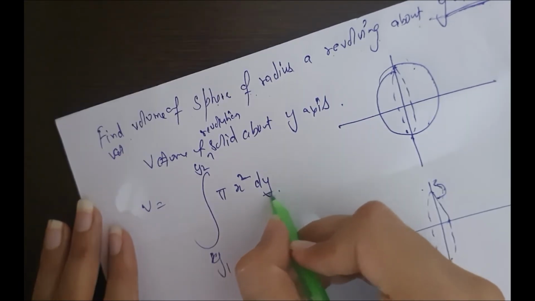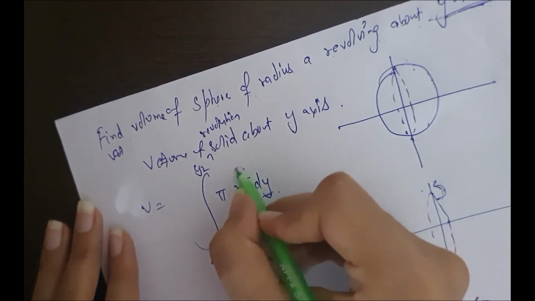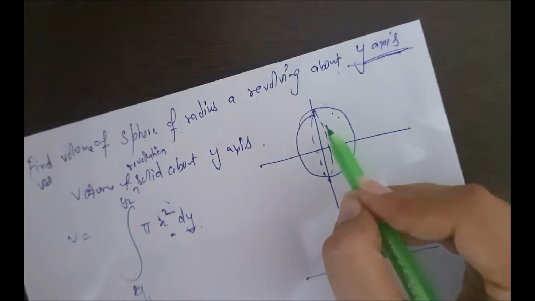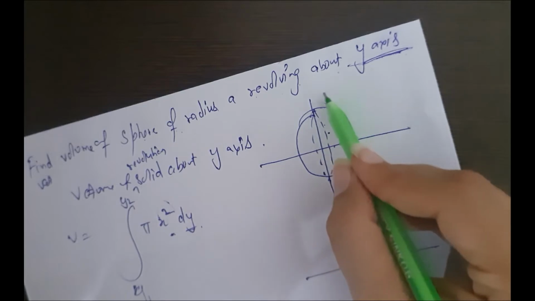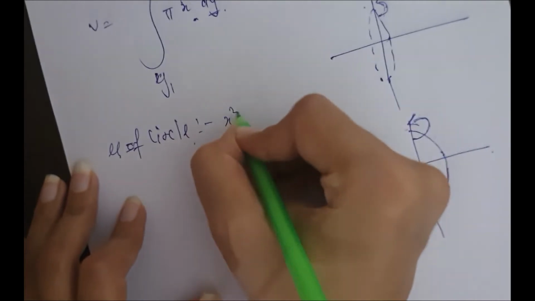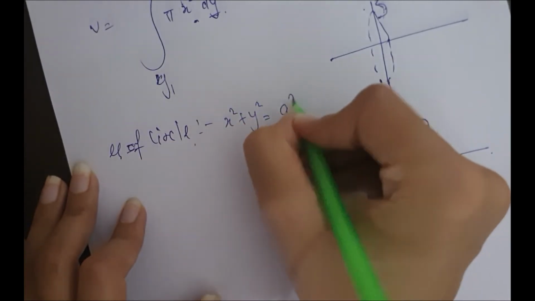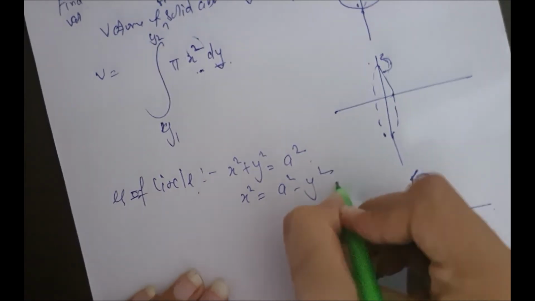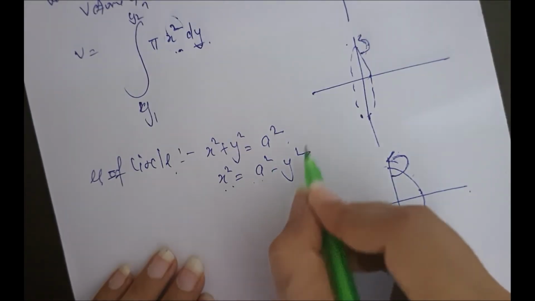So here we have to integrate with respect to dy. Here this is dx, so we have to change it to dy. As this is a circle, and a circle revolves to make a sphere, we will consider the equation of a circle. So the equation of the circle is x square plus y square is equal to a square. So x square is equal to a square minus y square.